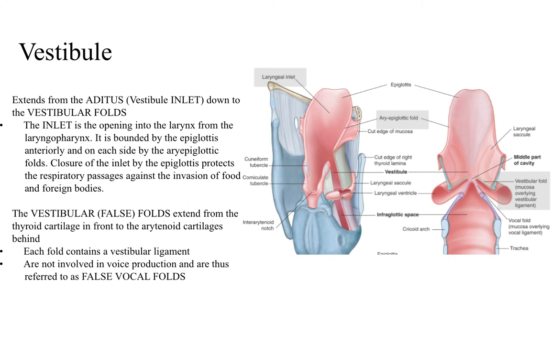All right, so a little bit more about each one of these compartments. The vestibule extends from the inlet here down to the vestibular folds, which are located right here. So this entire space right here.